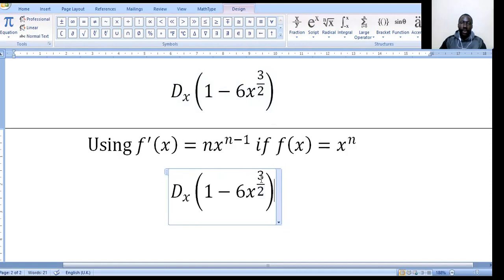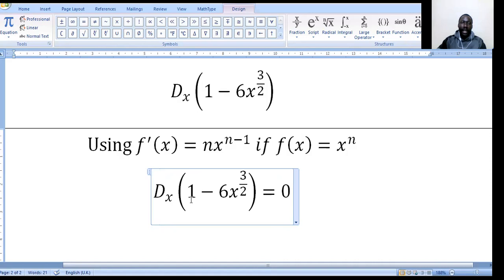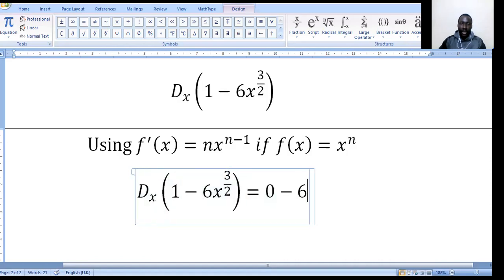So if this is what we have for the derivative of a function of x, it will now be the derivative of the constant first, then the derivative of this other one. The derivative of the constant is 0. Then now we deal with the second one, that is minus. We want to factor 6 outside so that we can deal with x.